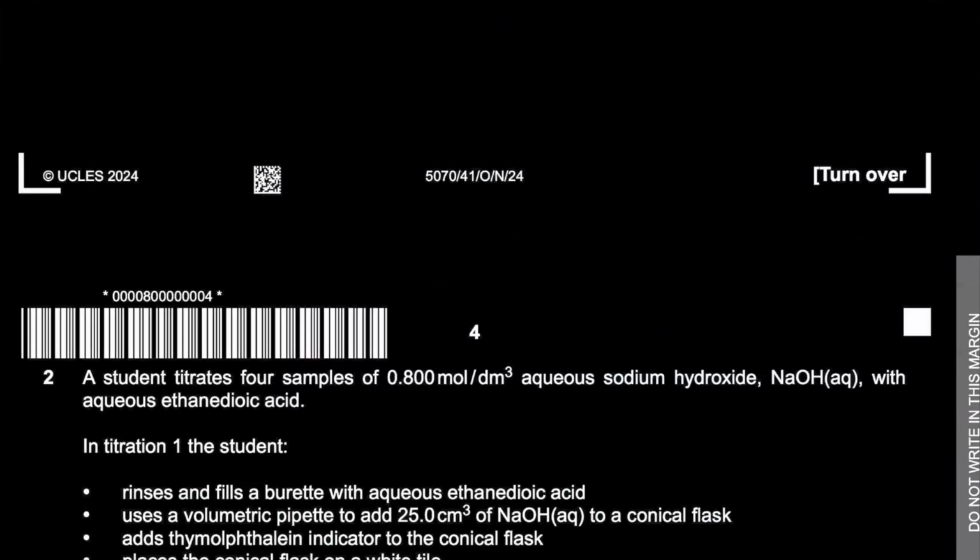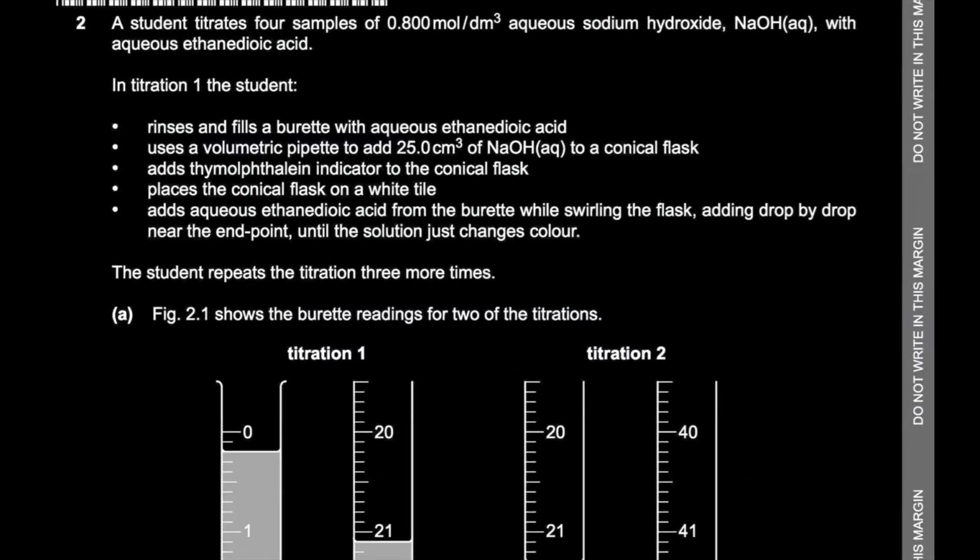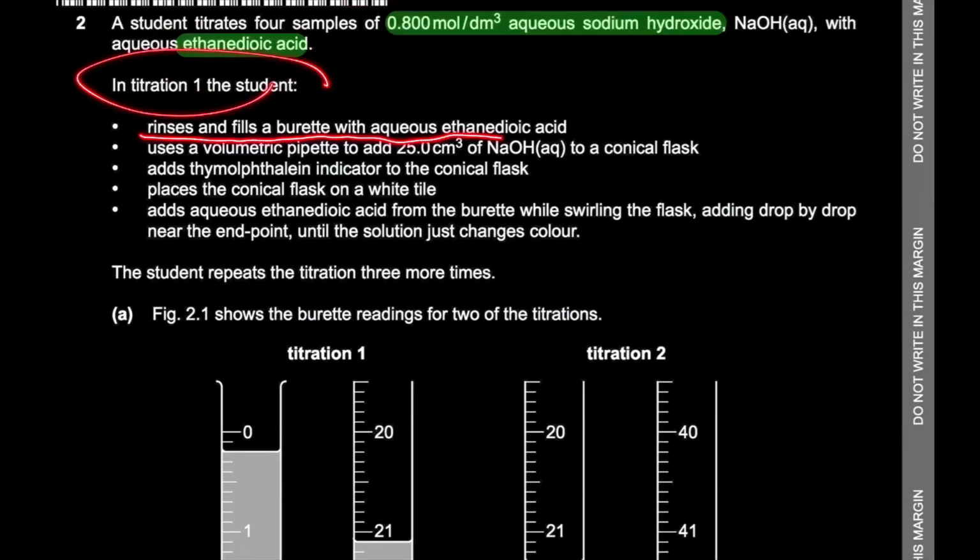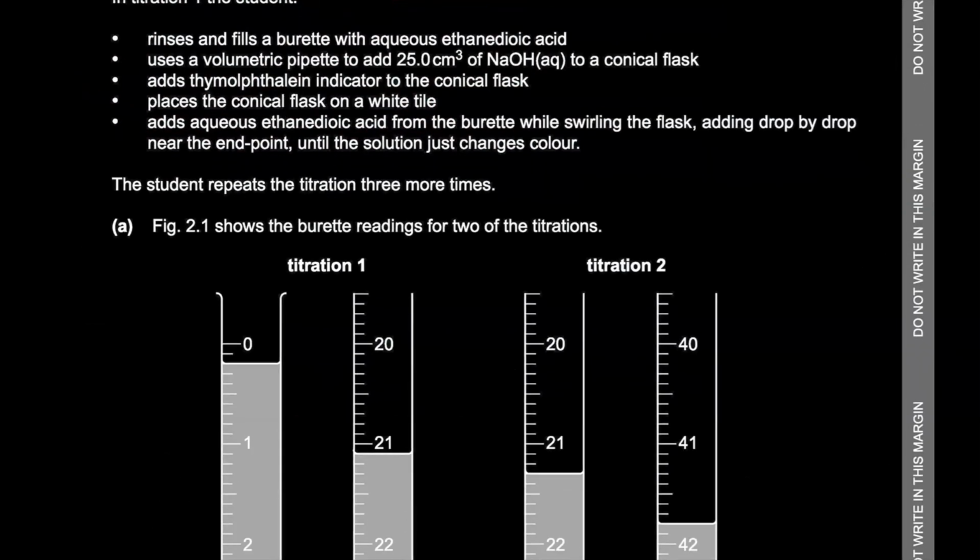A student titrates 4 samples of 0.8 mol/dm³ aqueous sodium hydroxide with aqueous ethanedioic acid. In titration 1, the student rinses and fills a burette with aqueous ethanedioic acid. So your burette has ethanedioic acid, and use a volumetric pipette to add 25 cm³ of NaOH to a conical flask.